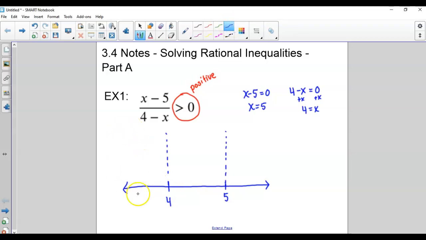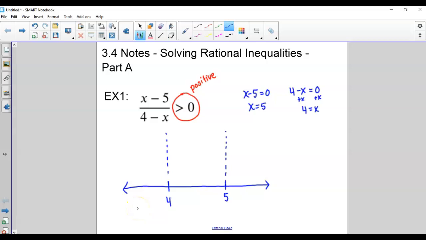So I'm going to pick a number somewhere below 4 to plug in and test to see if I get a positive or a negative number. For example, I could pick 2, or I could pick 0, or I could pick negative 1,000. Any number less than 4 I can use. It really doesn't matter what number you pick.